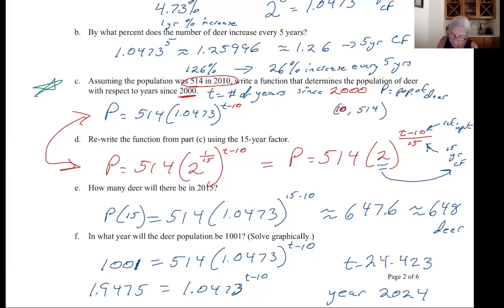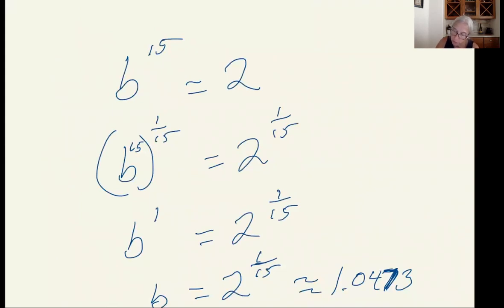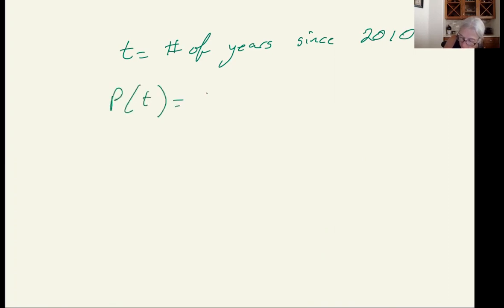If I would have said that I want T to be the number of years since 2010, like I had originally started, then my formula would be P of T equals 514 times 1.0473 to the T. In this case, because I know that in 2010 I had 514 deer, my reference point would be this 514.